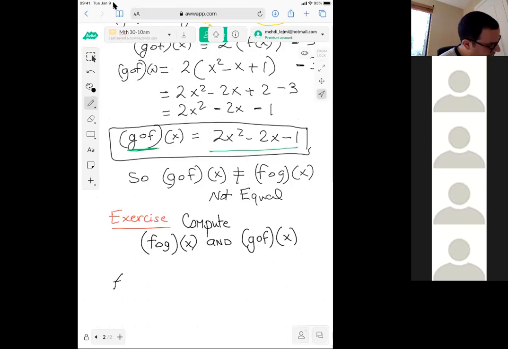So let's say f of x is 8x over 1 minus x, and g of x is 3 over x.